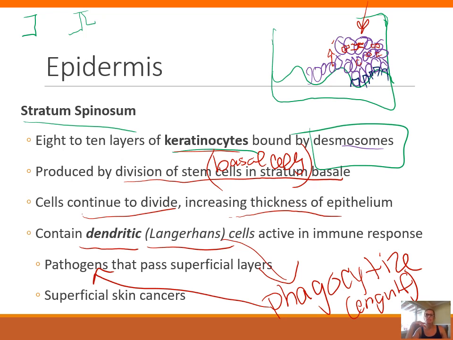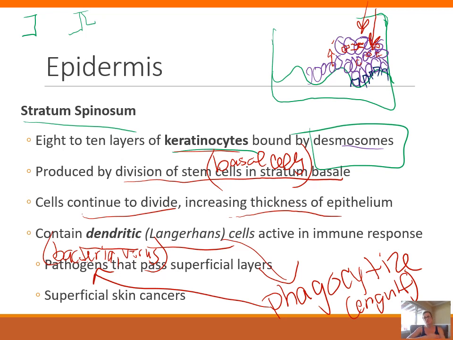So the skin is a really good barrier, but it's not perfect. Pathogens are things like bacteria, fungus, viruses, just little organisms that can make us sick. That's what a pathogen is. So the skin's a great barrier, but sometimes pathogens can make it past these cells on the surface, right?